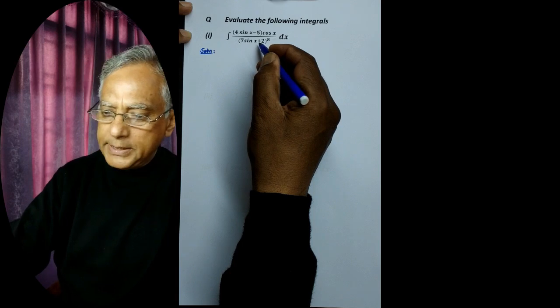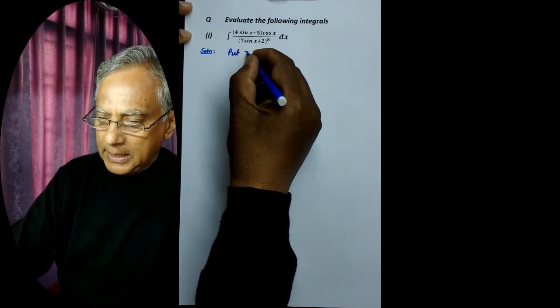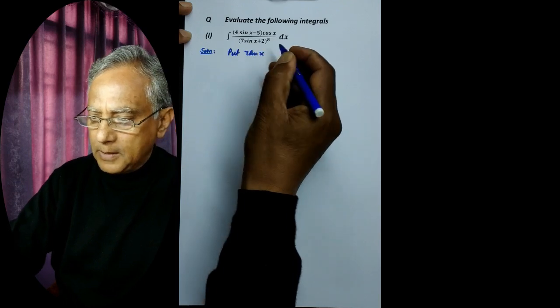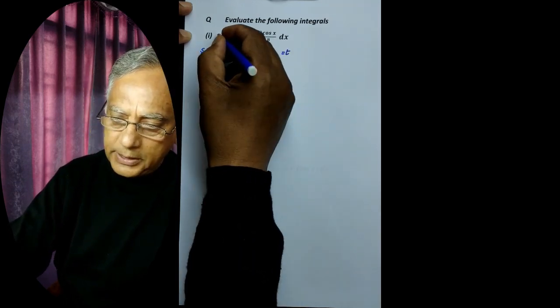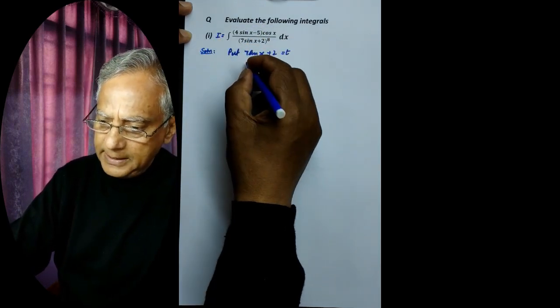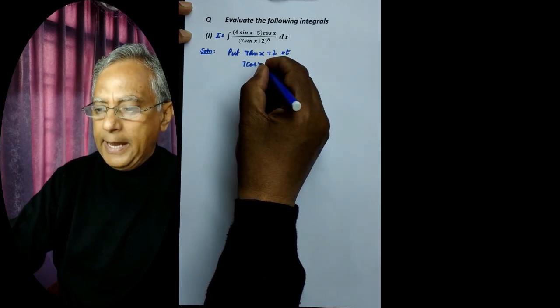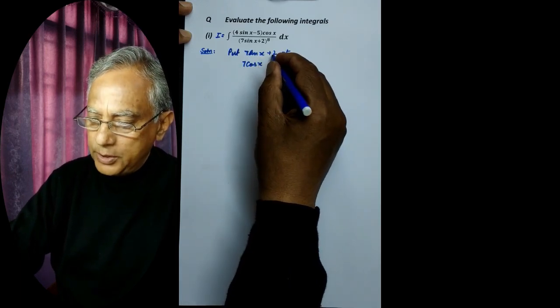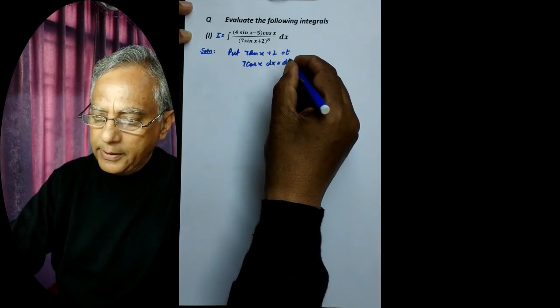So what we do is we put 7 sin x plus 2 equal to t. Let us denote this integral by I. Then the differential of this is 7, the differential of sin is cos x, and the differential of 2 is 0. So 7 cos x dx is equal to dt.